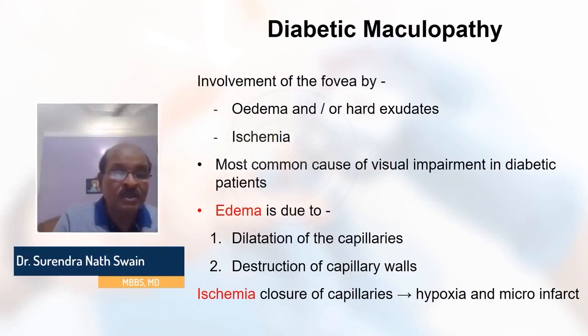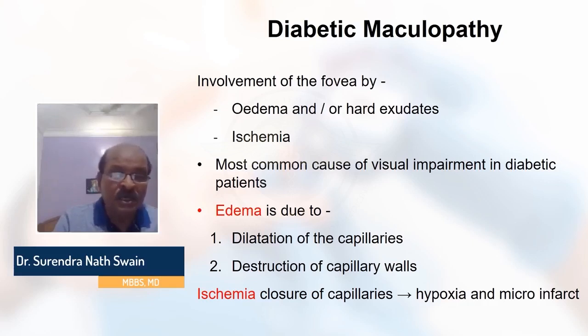About diabetic maculopathy: there is involvement of the fovea by edema and or hard exudates, and ischemia. The most common cause of visual impairment in diabetic patients is diabetic maculopathy. What is the cause of edema?